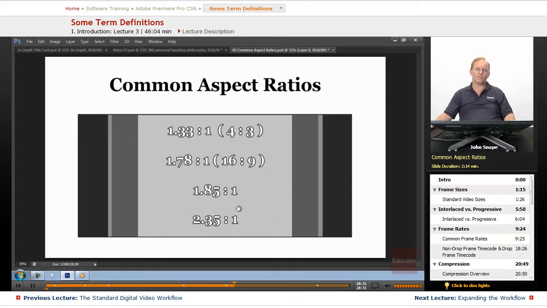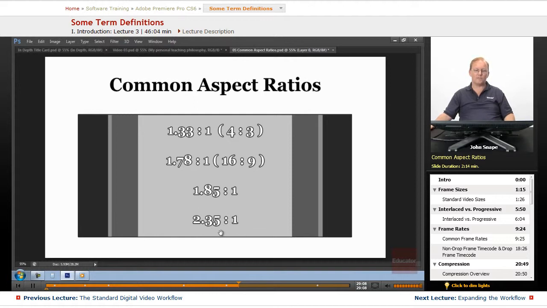And then when you get into movie theaters, you have wider video, and this little sliver here is the 1.85 to 1. So you can see that 1.33 to 1 is the smallest one, then it gets a little bit wider, then a little bit wider, and then the widest one here, the entire box here, is the 2.35 to 1, which is the standard movie width nowadays for widescreen movies.